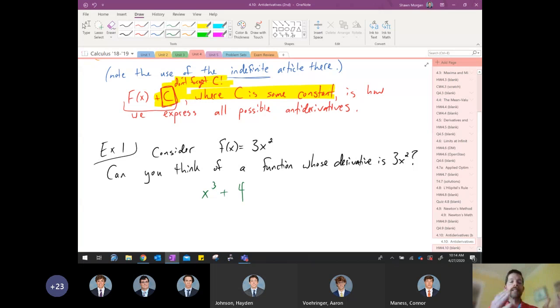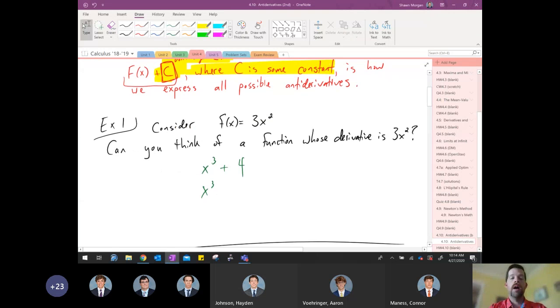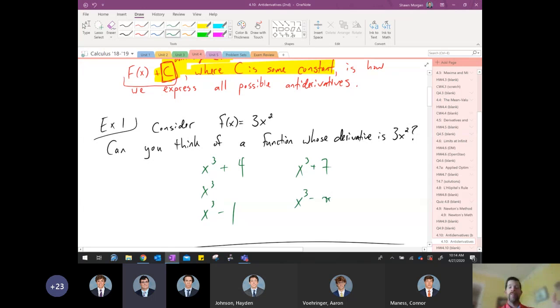So right out the gate, Hayden gave us x cubed, and Aaron gave us x cubed plus 4. What if I had x cubed minus 1, or x cubed plus 7, or x cubed minus pi, or whatever?